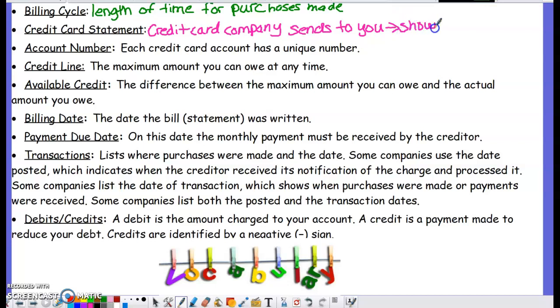Say shows monthly records, credits and debits.